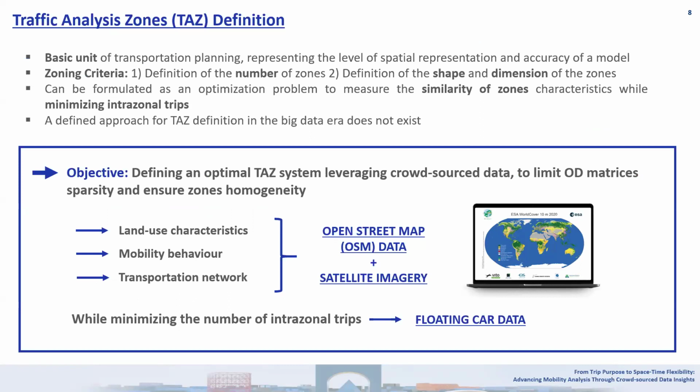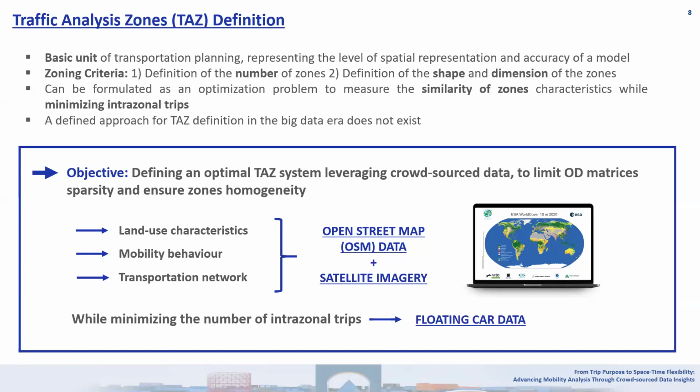So I will talk about the second section of our presentation, which, as the professor introduced, is about the definition of an optimal traffic analysis zoning system. I want to stress the importance that the definition of a correct and useful traffic analysis zoning system has for everything that comes after it. All our demand modeling, but also the supply models, strictly depend on the goodness of our traffic analysis zoning system.